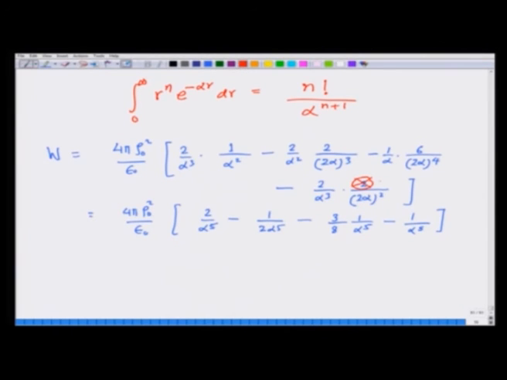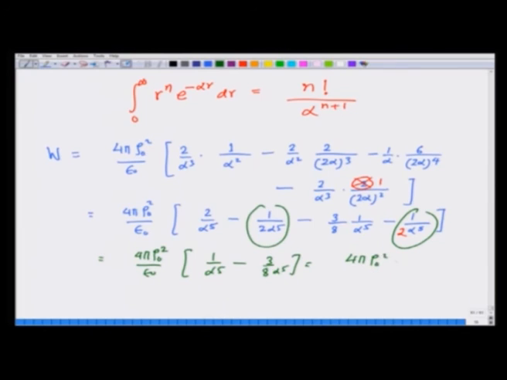So, it should be 1 factorial. So, this is only 1, and therefore, this would be a factor of 2 here. Okay. So, now this term and term here give me 1 over alpha raised to 5. So, this becomes 4 pi rho 0 square over epsilon 0, 1 over alpha raised to 5 minus 3/8 alpha raised to 5, which gives me 4 pi rho 0 square times 5/8 alpha raised to 5 over epsilon 0.